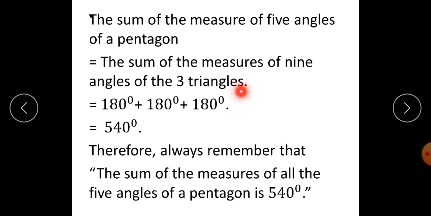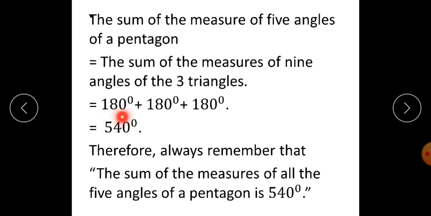Why am I saying this? Because after joining vertex A with vertex C and vertex D, the entire pentagon has been divided into three triangles. Therefore, the sum of the measures of the 5 angles of a pentagon is equal to the sum of the measures of the 9 angles of the three triangles. We know that the sum of all the three angles of any triangle is always equal to 180 degrees.